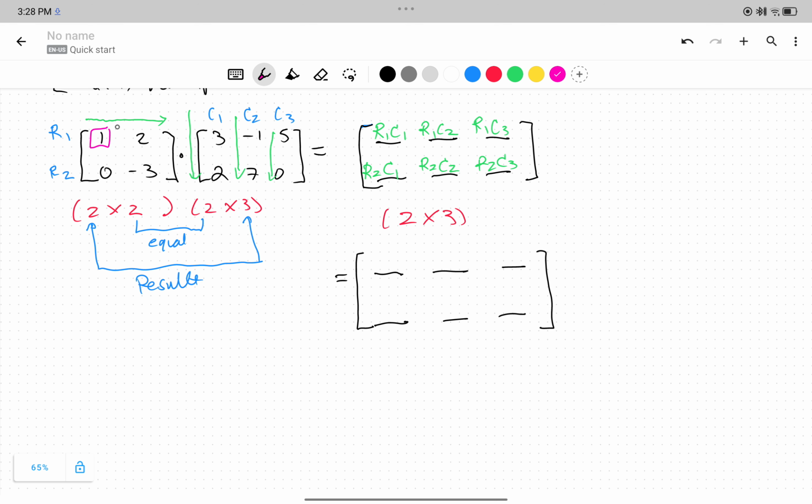The first one with the first one, and then the second one with the second one. So it's 1 times 3 gets added with 2 times 2. In other words, it's 3 plus 4 is 7.